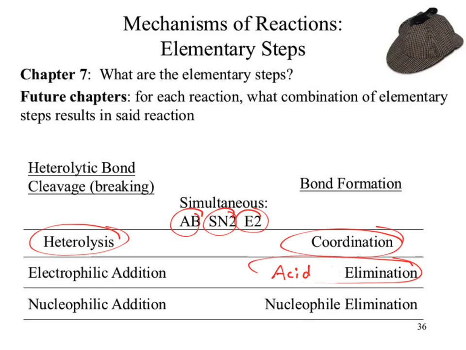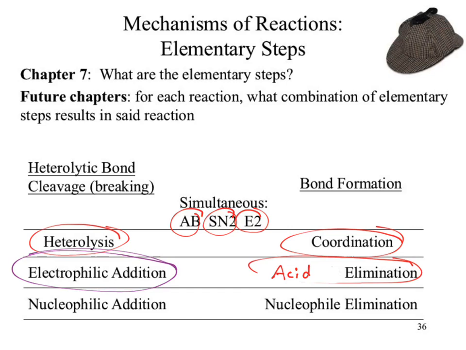The additions, the electrophilic addition, nucleophilic addition, and the nucleophile elimination, you are responsible for knowing what those are. So if I show a reaction, you should be like, that's a nucleophile elimination. That's a nucleophile addition. But I don't expect you to be experts behind the details of them. Guess what unit 4 is?